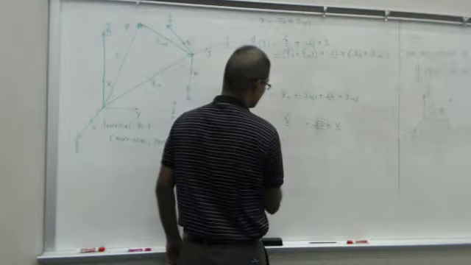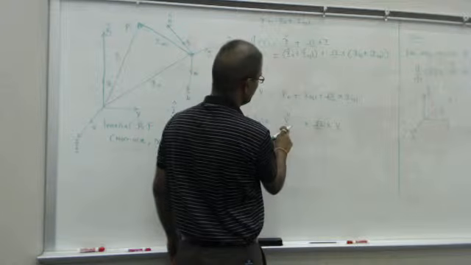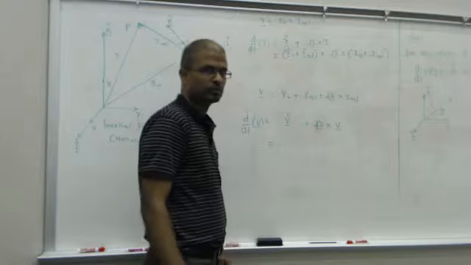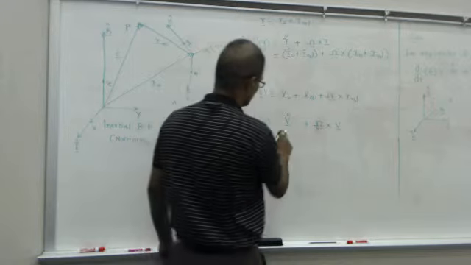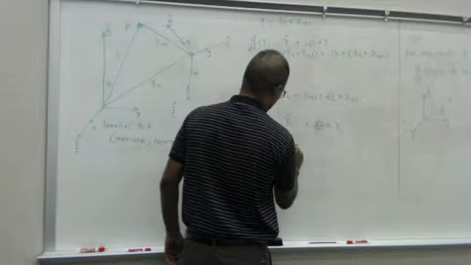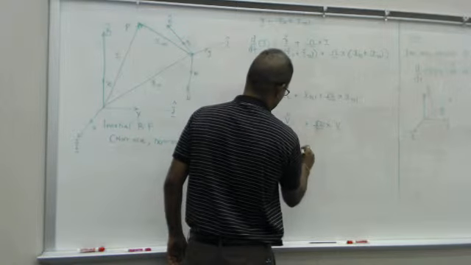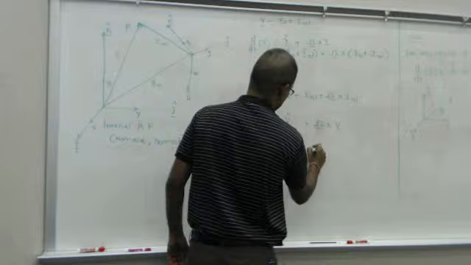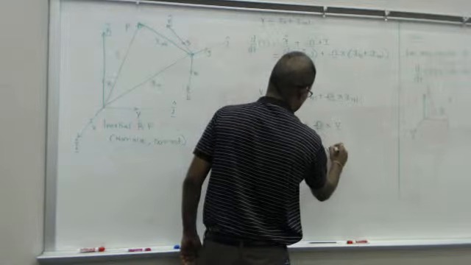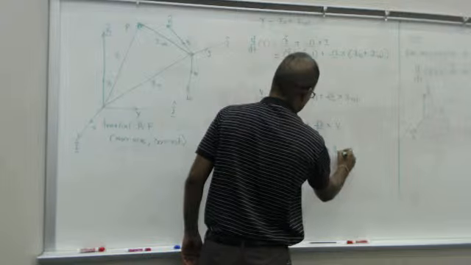So now what I'm going to do is just substitute whatever is in here. So let's look at this. We have v naught plus v relative plus omega cross with r relative.